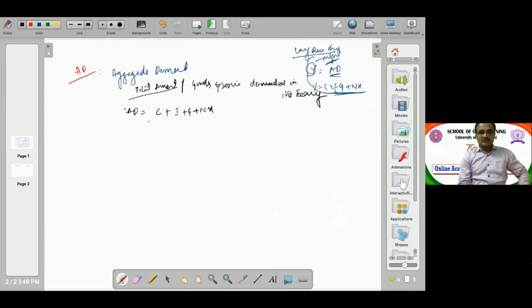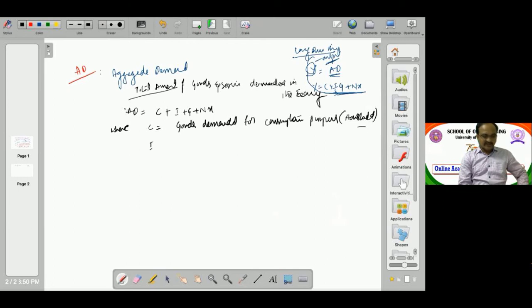Dear students, what is the C here? C is equal to goods demanded for consumption purpose. That means the household sector, who demand goods for consumption.